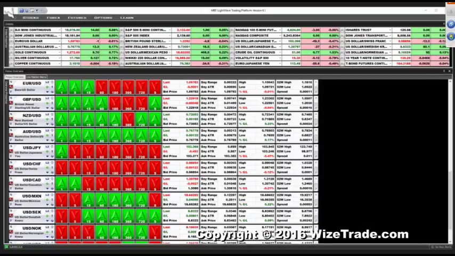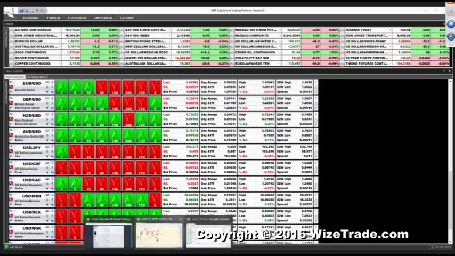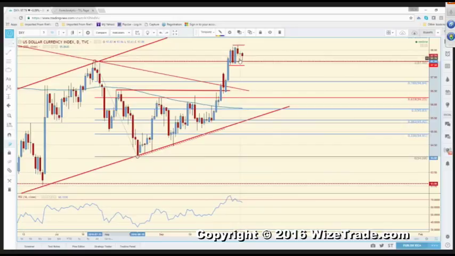The other thing about the dollar, let's go back over here to the dollar. You notice yesterday, you have to imagine this candle right here was red at one point. It was pretty red, and then buyers just came right back in. There are dollar buyers looming in the market. They're around every corner.